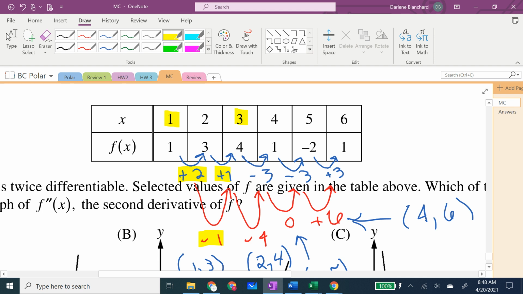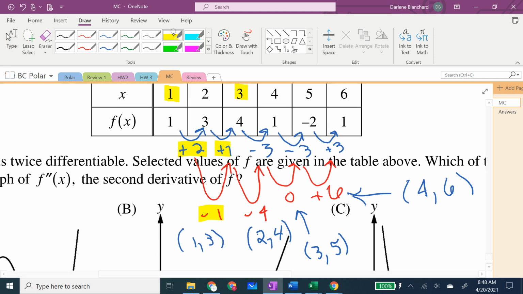Take a good look at that, because this is what you need to realize. When you go into a two deep mean value theorem, then somewhere between x equals 1 and x equals 3, you will have a second derivative of negative 1.